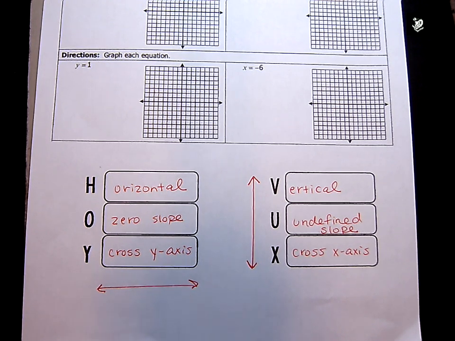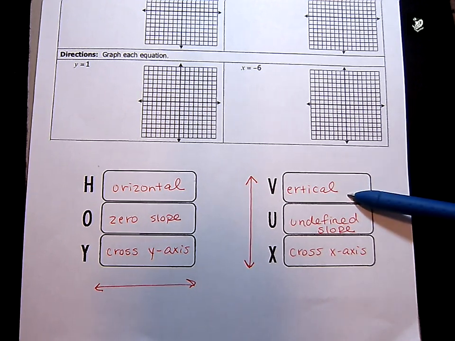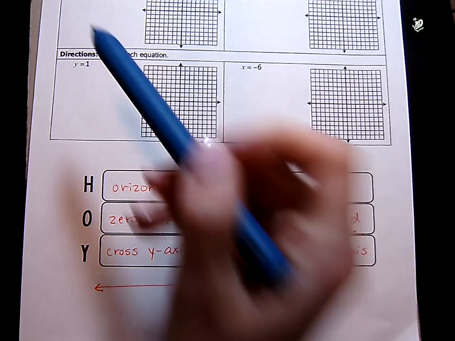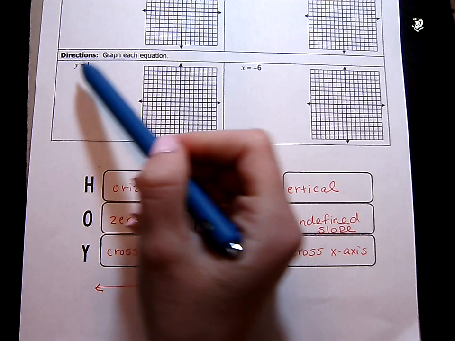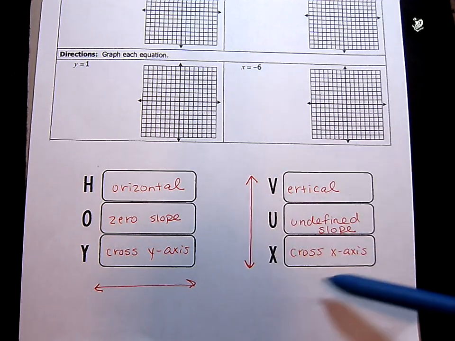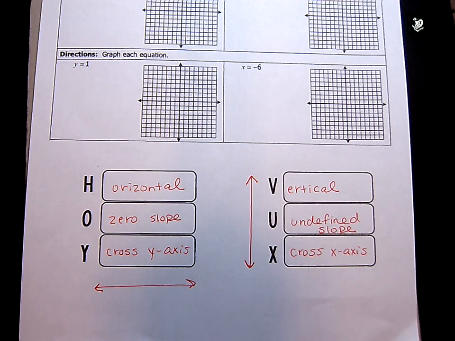There's my horizontal line. Vertical lines have undefined slope and cross the x-axis. So if you see a y equals, and if you see an x equals, there's your little hint to help you graph each equation.